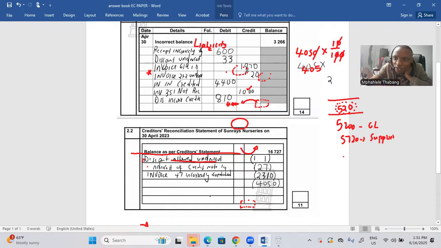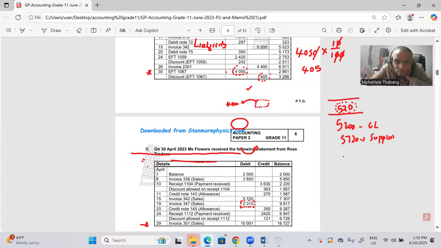And another one was 405. These were the outstanding. You can say outstanding EFT 1067 and outstanding discount EFT 1067.